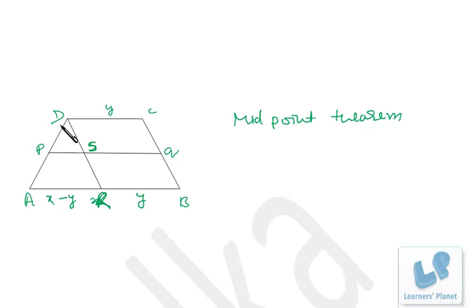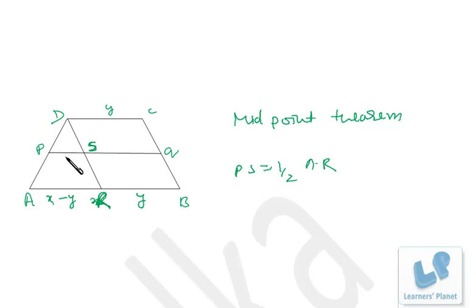According to midpoint theorem, if P is the midpoint of side AD and if it is joined to the midpoint of other side, then this length is half of the length of the third side, right? So whatever is this length, that means PS will be half of AR. Okay?